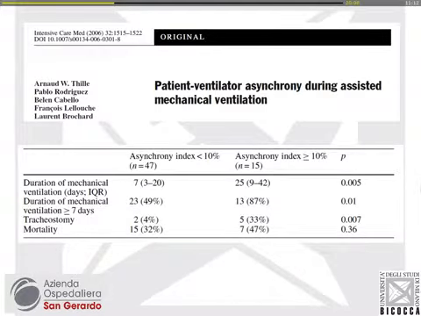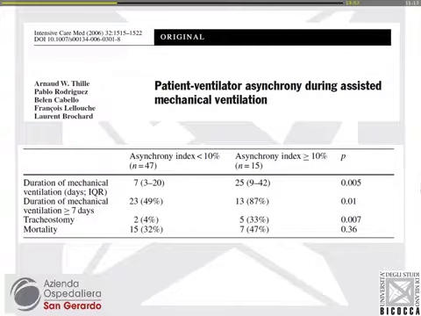Patient ventilator asynchrony is not just an interesting physiological topic for those who, like me, are fascinated by mechanical ventilation. Patient ventilator asynchrony is a clinically relevant problem.